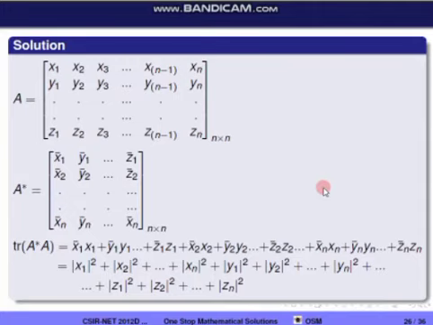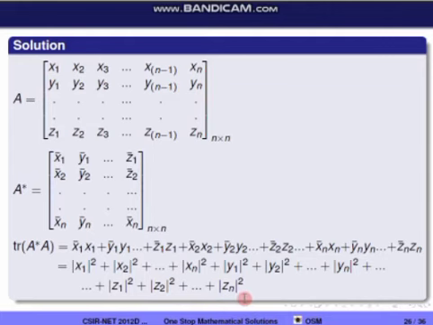So using that, we get mod x1 square plus mod y1 square plus etc. Once we substitute that and rearrange it, we get mod x1 square plus mod x2 square plus etc. up to mod xn square, plus mod y1 square plus mod y2 square plus etc. up to mod yn square, plus etc. up to mod z1 square plus mod z2 square plus mod zn square.